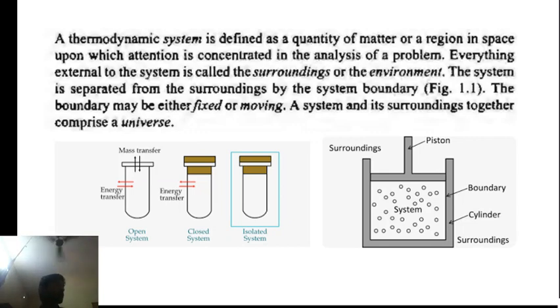Now see, for the study purpose, this is also a system. The second is the region in space.